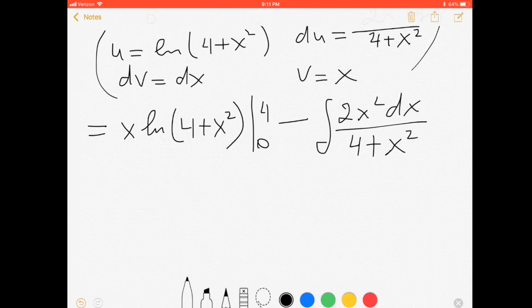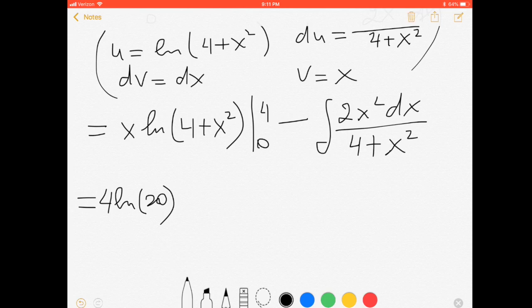I think we need a little bit of continued work. First, the first term we plug in. If we plug in 4, we have 4 natural log of 4 plus 16, which is 20. If you plug in 0, it will be 0.